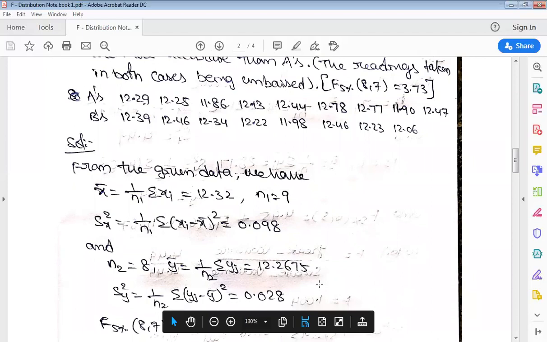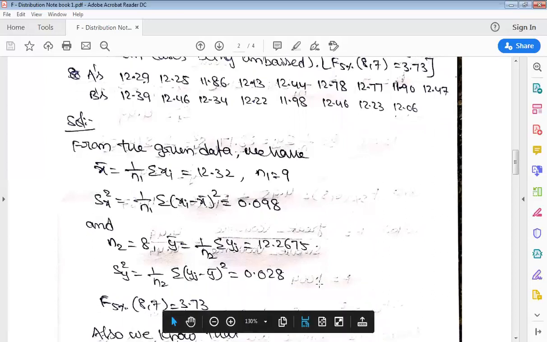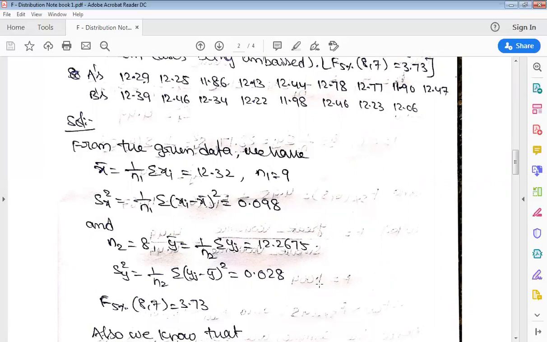Using the formula for Sx square, we get Sx square as 0.098. Repeating the same steps for B's experiment, N2, the number of observations in B's experiment, is 8. The mean is 12.2675. Sy square, we get it as 0.028.